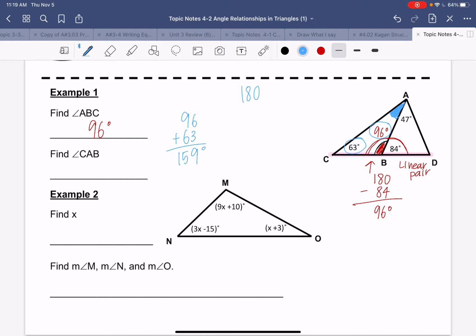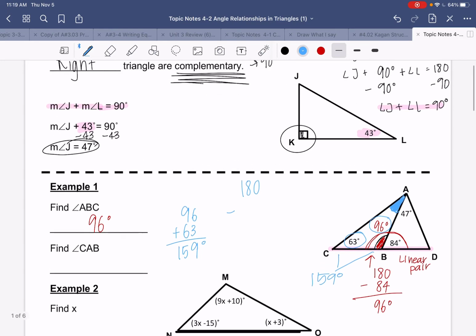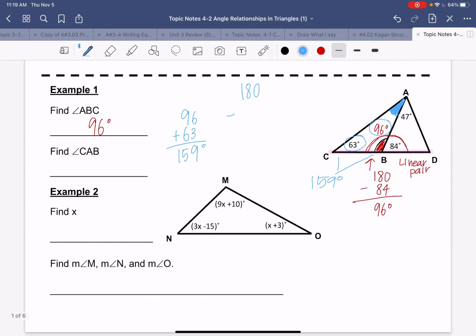Because of the triangle sum theorem, all of those angles add up to 180, so I'm going to subtract my 159 from it. And I get 21. So CAB is 21 degrees.